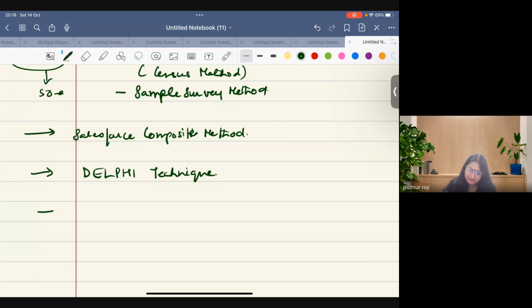Then we also have a technique which is called test marketing. Test marketing is a very good marketing technique when we have a new product. Suppose I want to introduce avocado biscuits or mint biscuits into the market, or maybe even chili flavored biscuits.